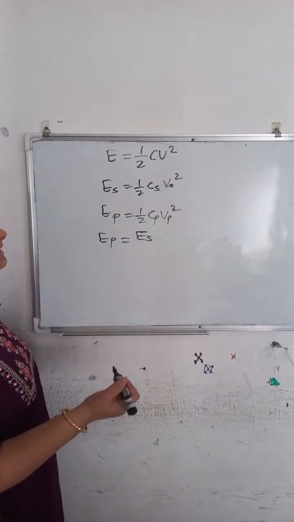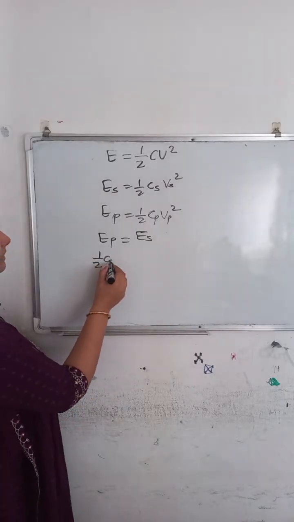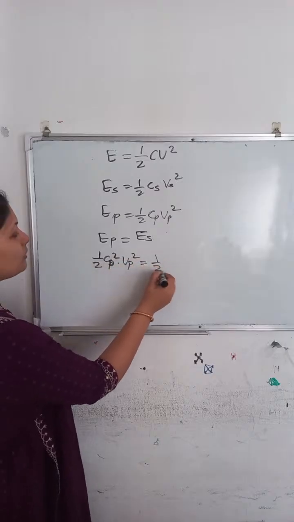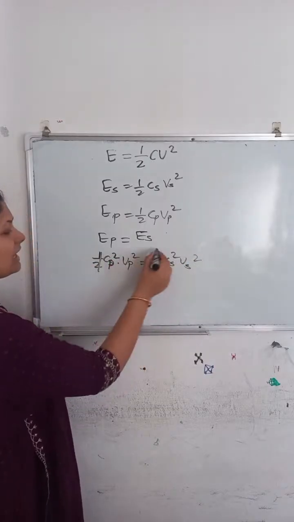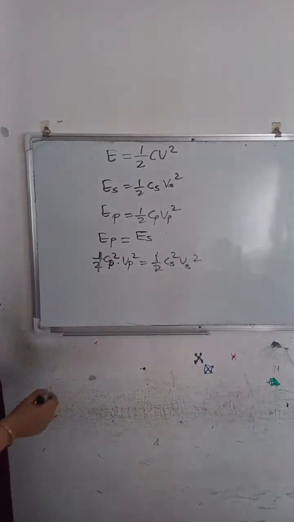Energies are the same, and Ep is nothing but half Cp Vp square, which is equal to half Cs Vs square. Half and half get cancelled. They want the potential drop ratio.